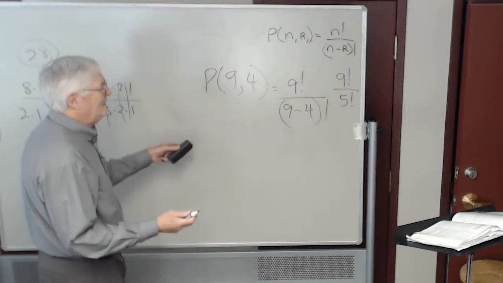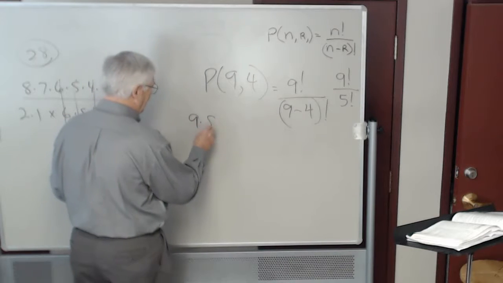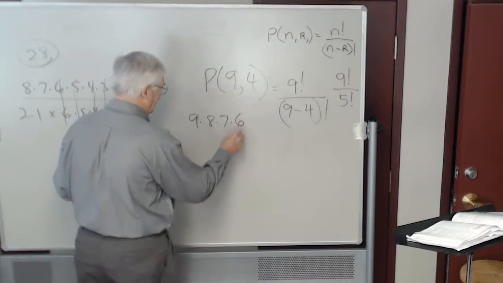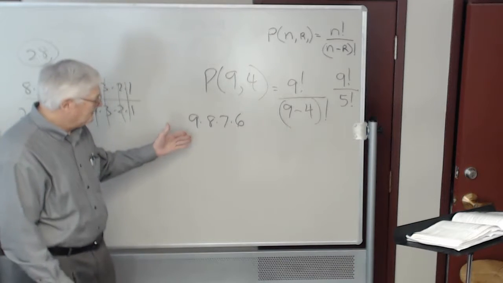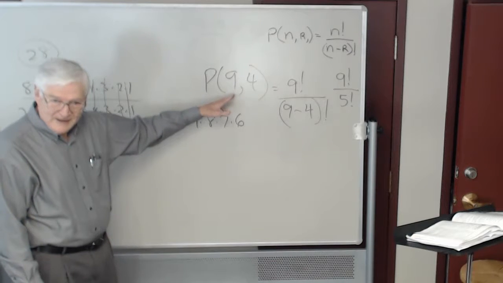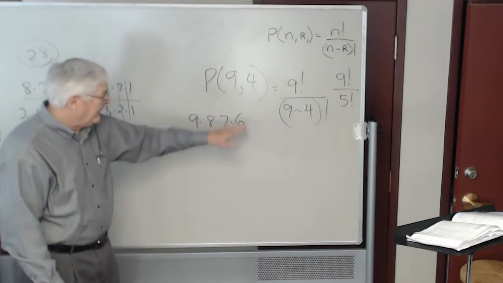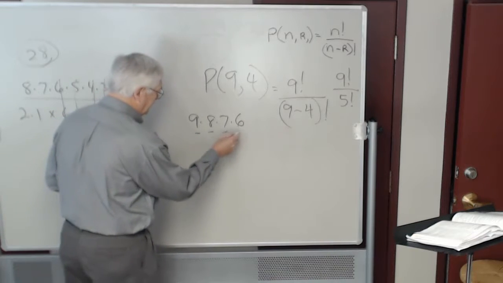But watch how I set this up. 9 times 8 times 7 times 6. In other words, watch what I do. I start with 9, because that's how many I have, 9 things, taking 4 at a time, so I have 4 places I'm filling.